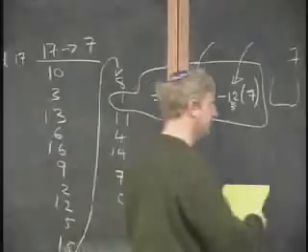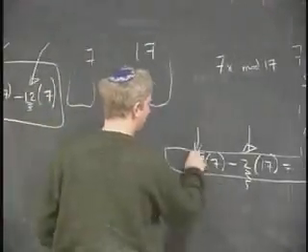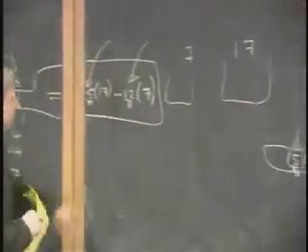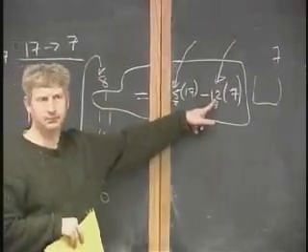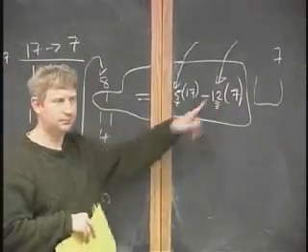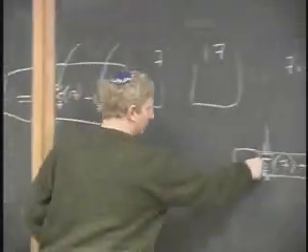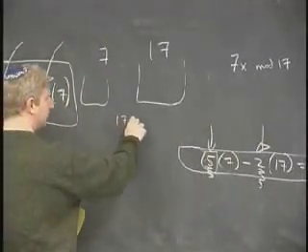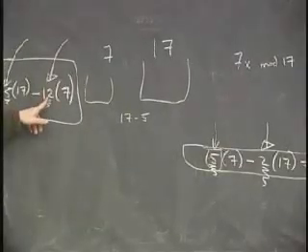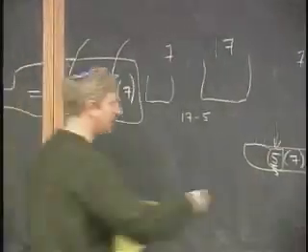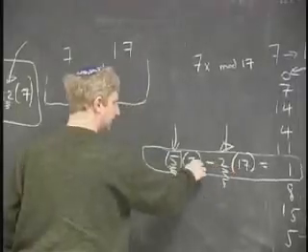If you want to figure out how to move from this 5 to this 12, what do you do? You take this number, you subtract it from 17. You put it there. You take this number and you subtract it from 7. You put it there.